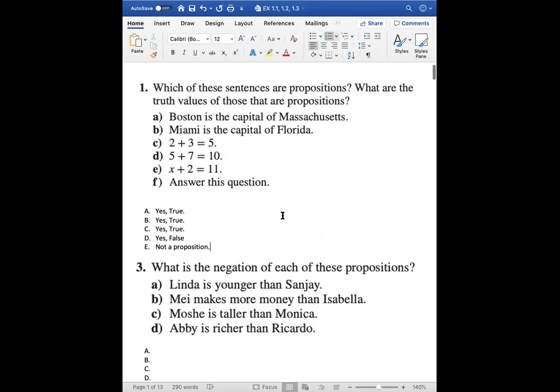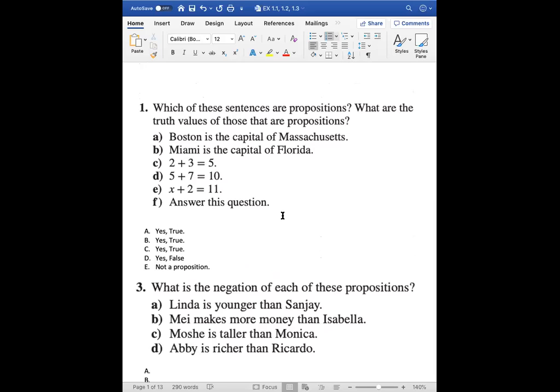Any questions regarding question number one? Yes, please. I'm wondering why A and B are true. Because a proposition is a declarative statement which is either true or false, right?